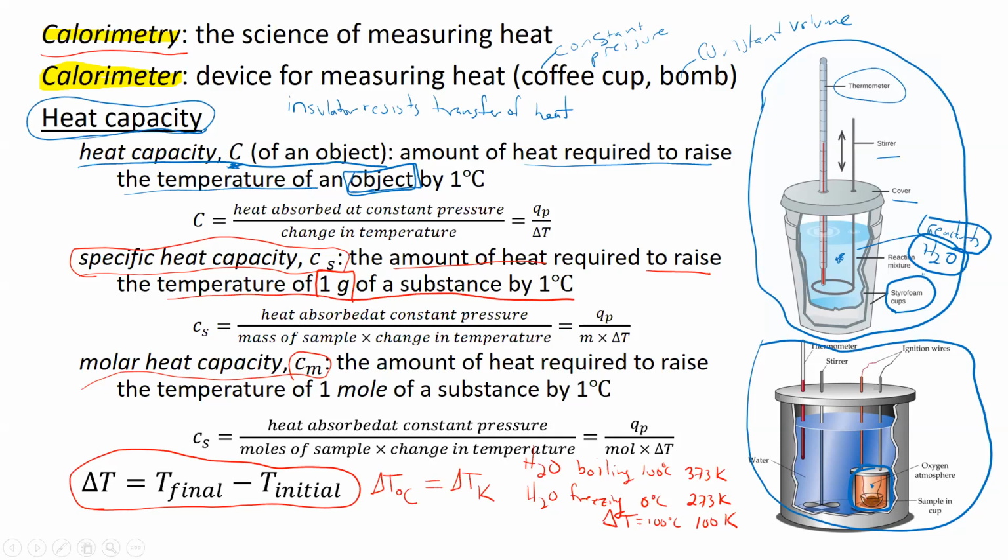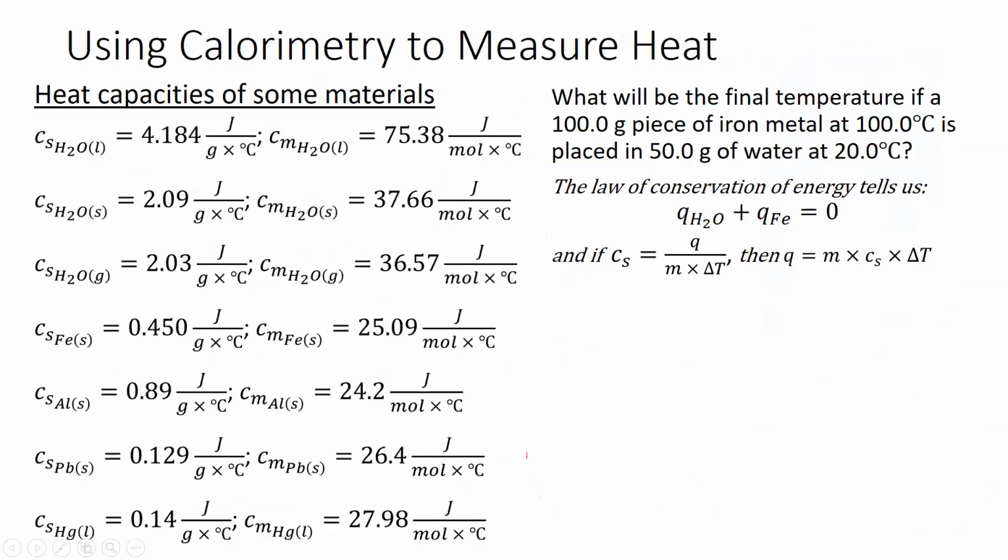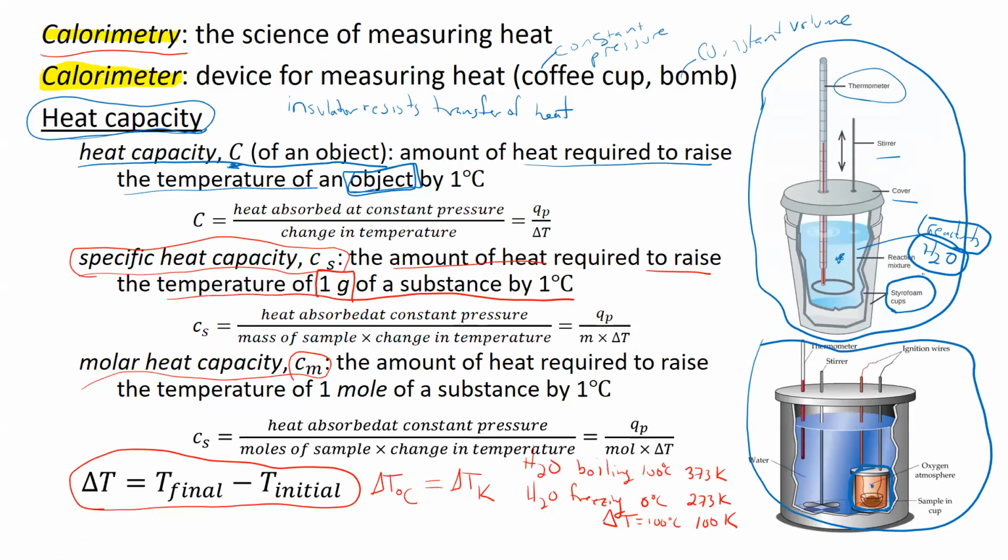And so what we'll do now is we'll stop there for today. Once we have this idea of what a calorimeter is and that a calorimeter can measure the heat change, what we'll do tomorrow is take our heat capacities and put them to use to measure changes in the heat of a substance, and how these are related when you have two objects that are in contact with each other.